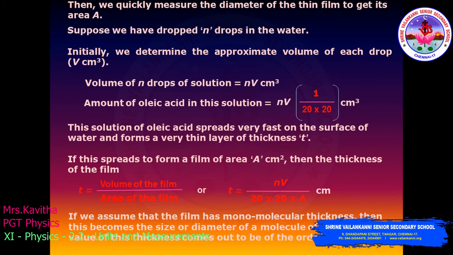The value of this thickness comes out to be of the order of 10 power minus 9. So the value of t we find to be approximately 10 power minus 9, right? So by that way we have different methods for measuring the molecular size of atoms.